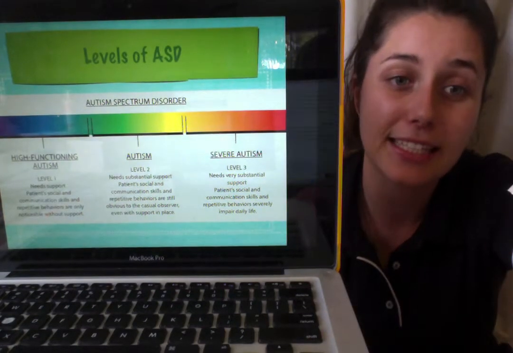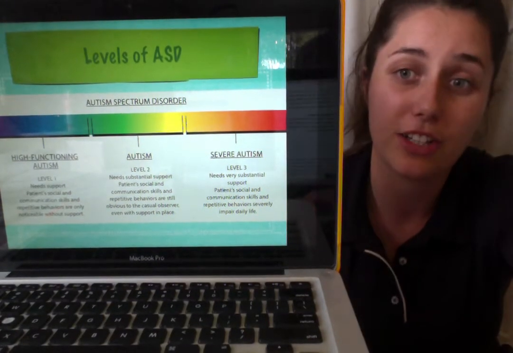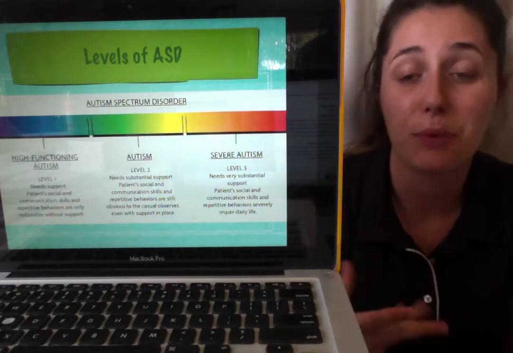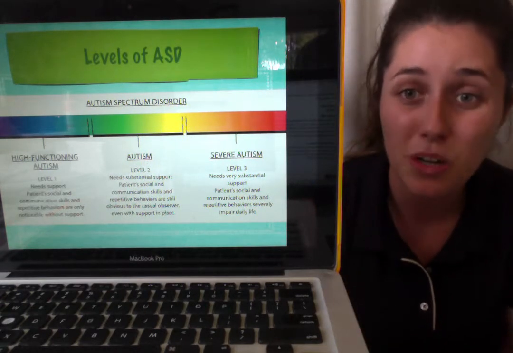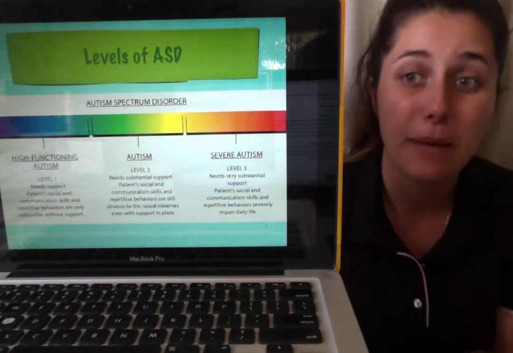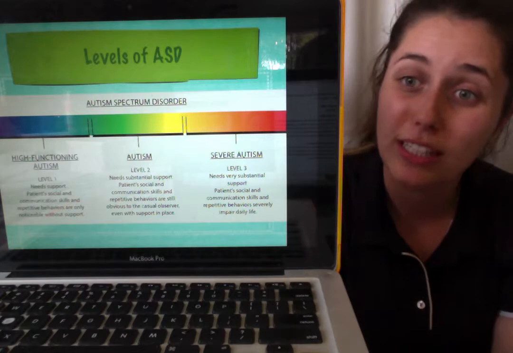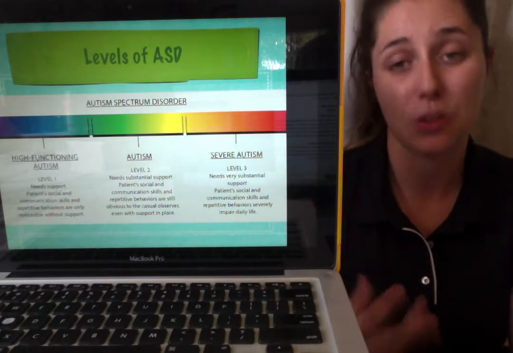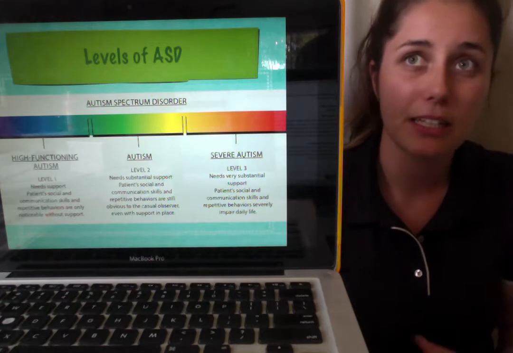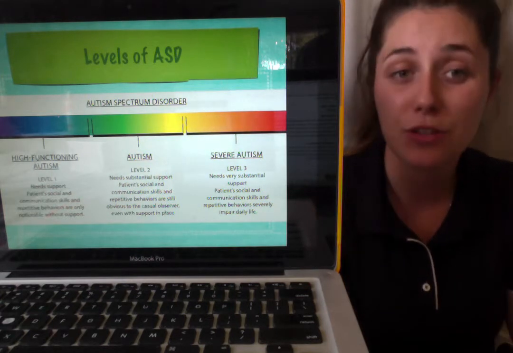This next diagram I've included to give a bit of a breakdown of the disorders. We're going to talk about them a little bit later, but have a look at level 1, which is basically about how you can identify it within your classroom.